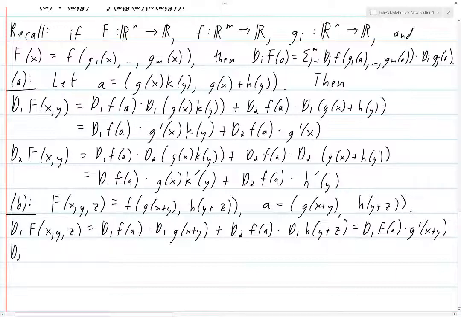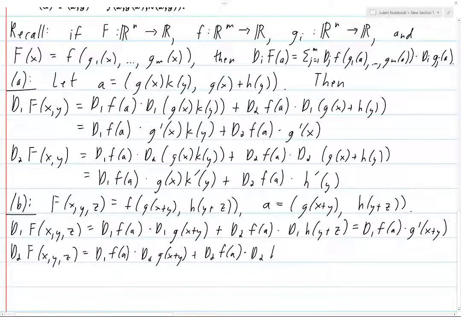So now d2 of f, x, y, z. This is going to be d1 f of a times d2 of g of x plus y, plus d2 f of a times d2 of h of y plus z.